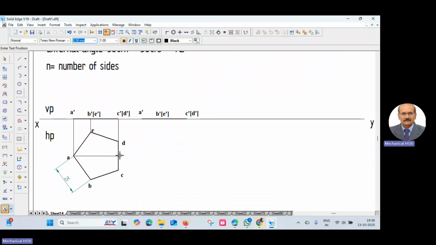Let us call this M1. AM1 is the perpendicular bisector. Now CD dash is there. Adjacent to D dash we will have M1 dash also, because you cannot see that.